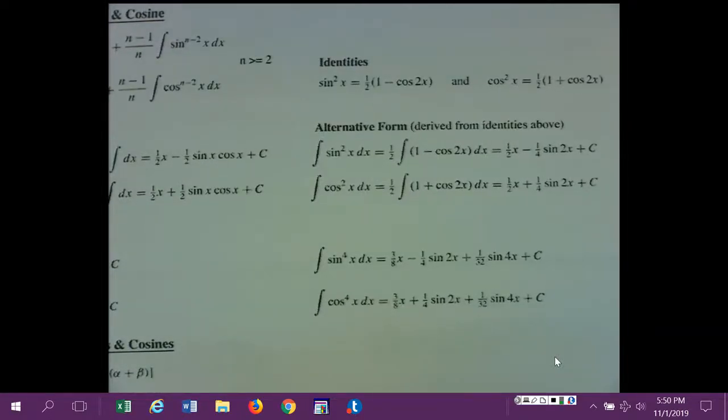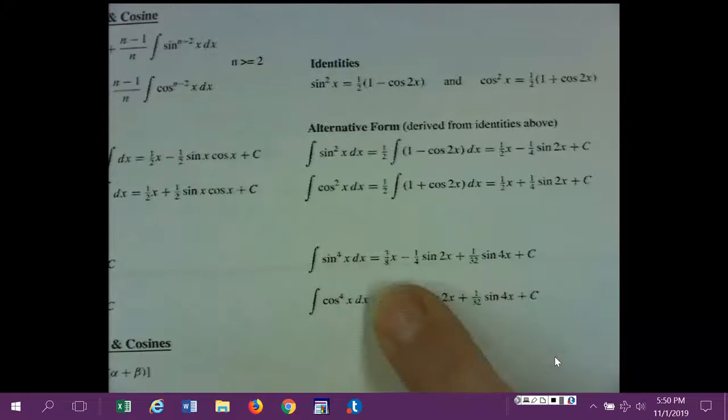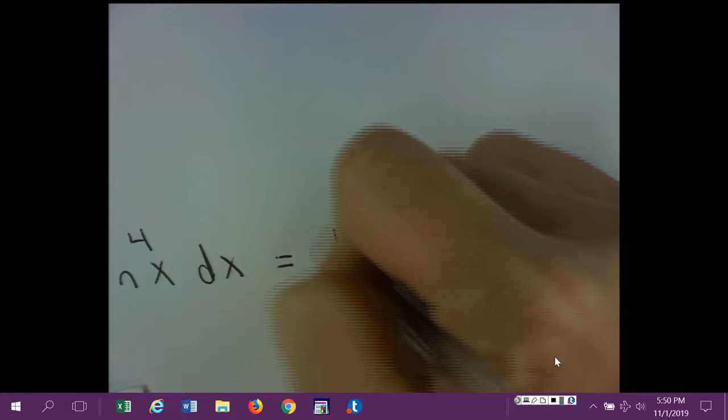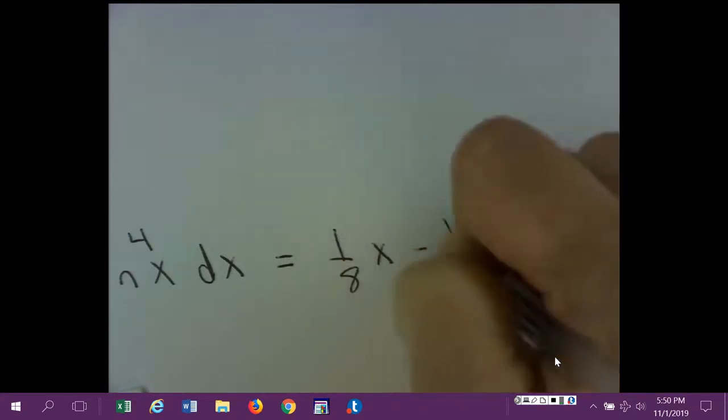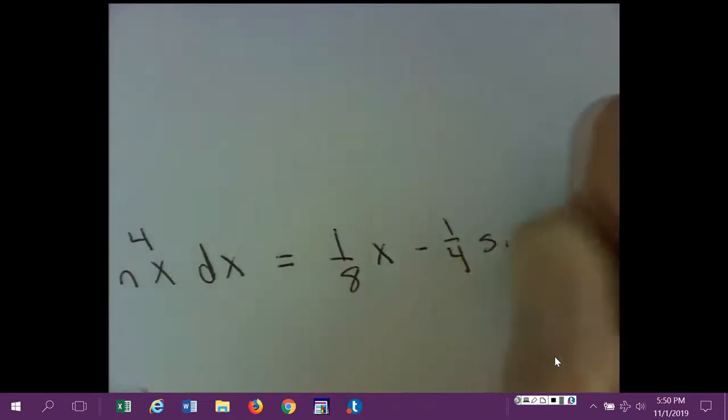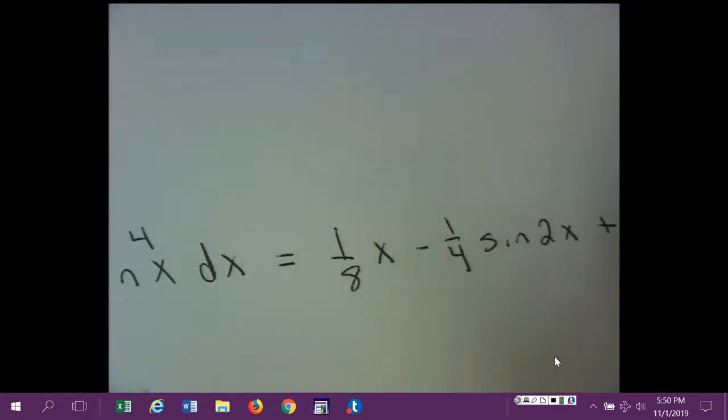That's 1/8 x minus 1/2 sine of 2x plus 1/32 sine of 4x plus c.